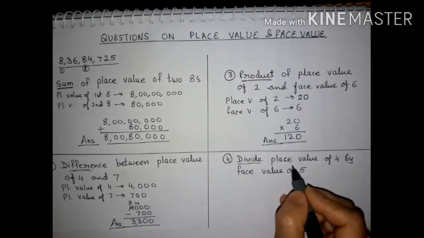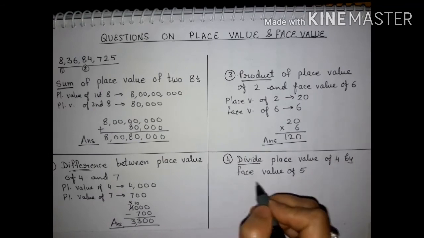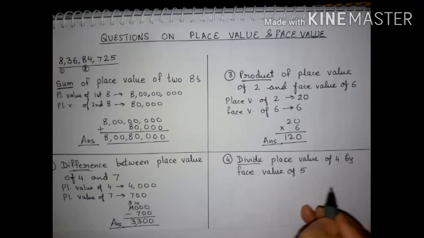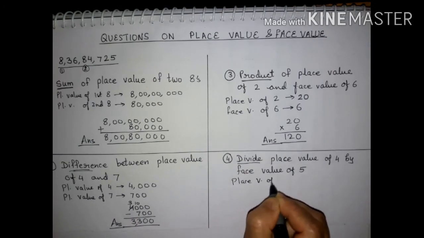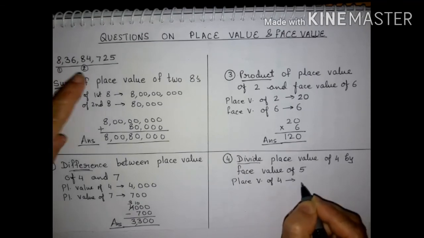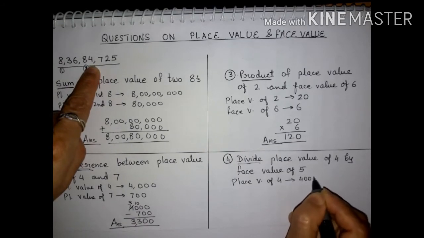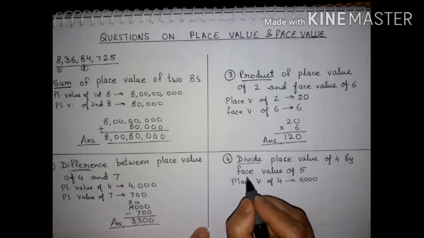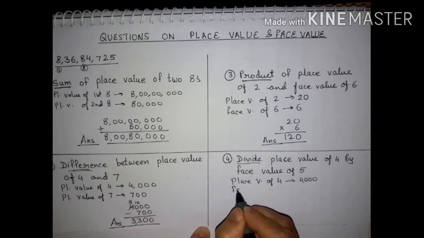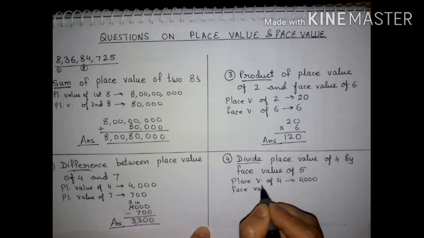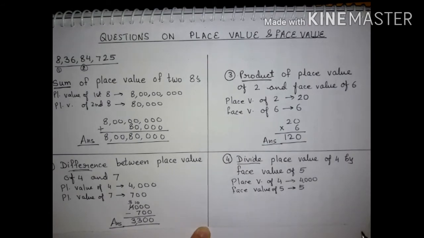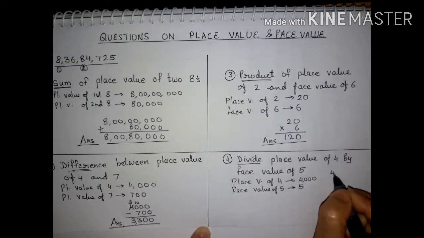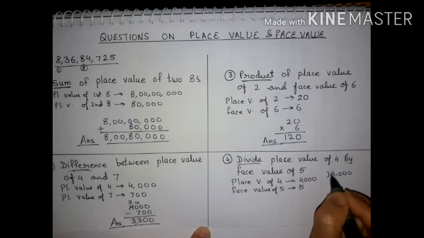Suppose you have to divide the place value of 4 by face value of 5. Again, now place value. Place value of 4, that is, you can see here 4,000. And it is saying face value of 5. So face value of 5, that is 5 itself. So we do it here. 4,000 divided by 5.